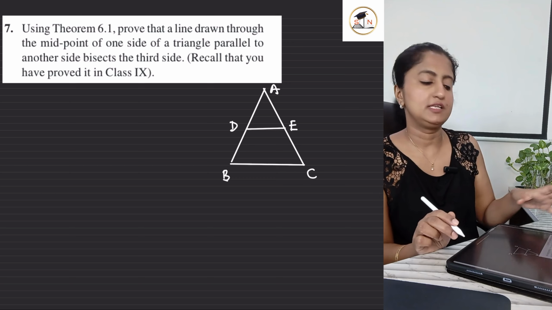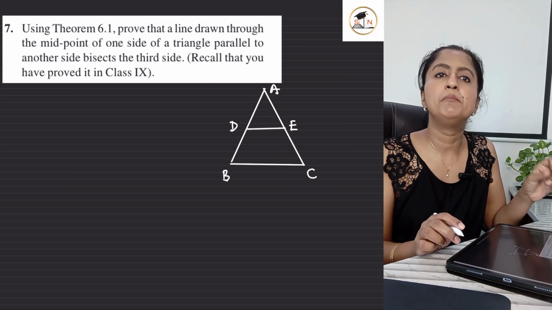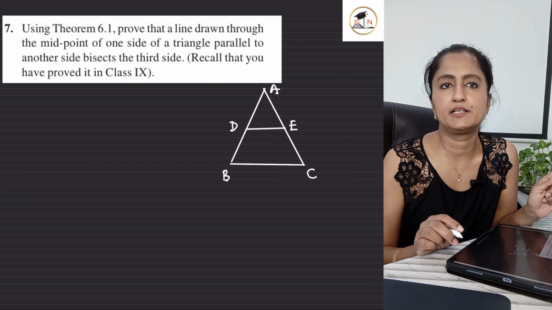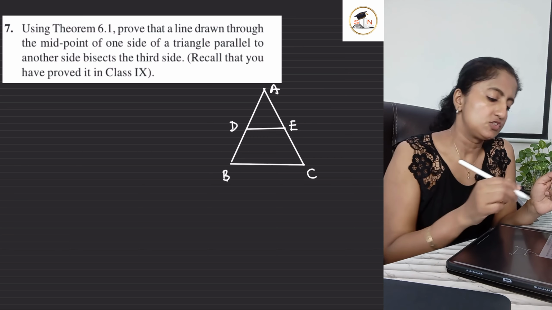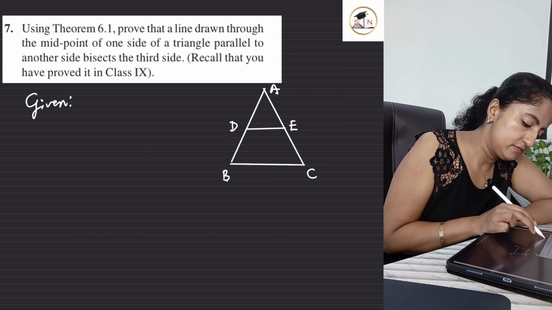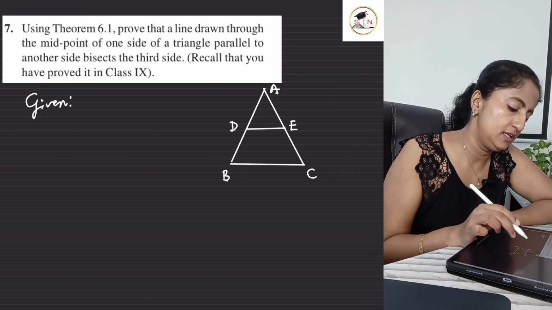Okay, this is actually what we are doing. We are going to prove the midpoint theorem that you had studied in class 9th in the quadrilaterals chapter, right? So what are we given over here? Prove that a line drawn through the midpoint of one side of a triangle parallel.